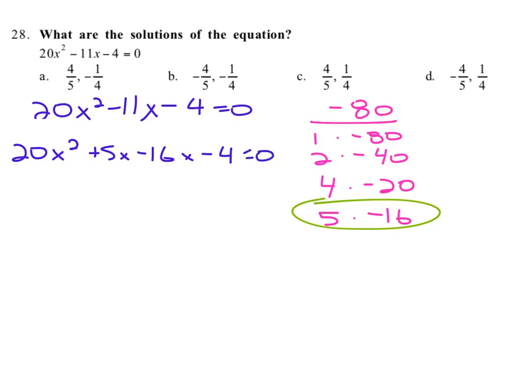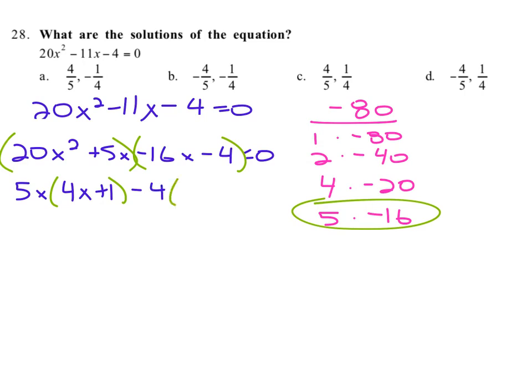And then we're going to group them. We're going to see what we can factor out. We can factor out of this one a 5x, leaving us with 4x plus 1. And out of this one, we need to factor out a negative because the coefficient of the variable is negative, so we've got to pull a negative out. We can pull out a -4.